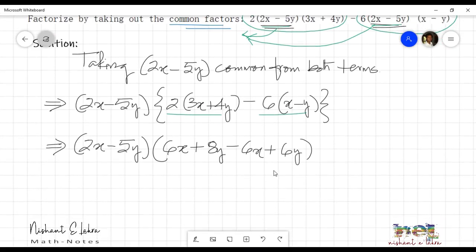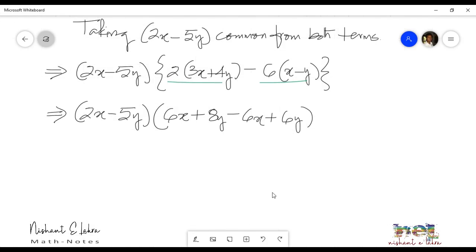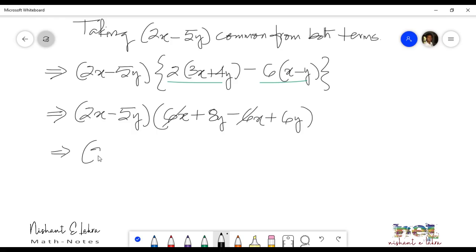Let's see if we have any uncommon terms here. If there are uncommon terms, we can cancel them. Yes, there are two, plus 6x and minus 6x, so we'll cancel that. 2x minus 5y in brackets into 8y plus 6y, this is what is left.